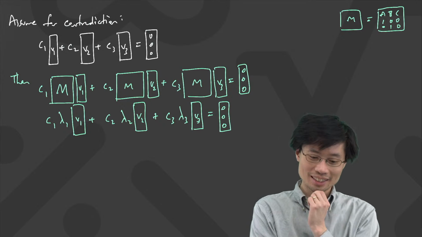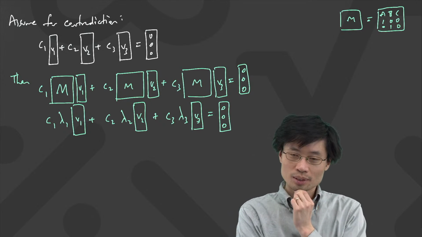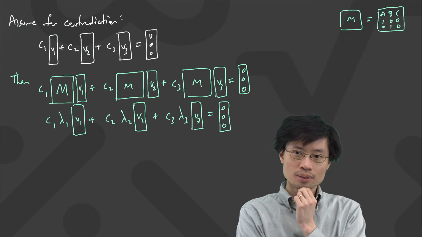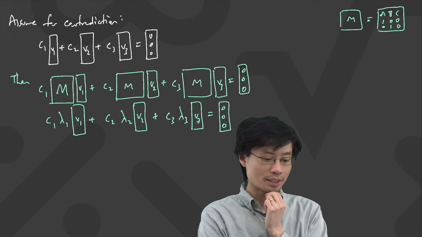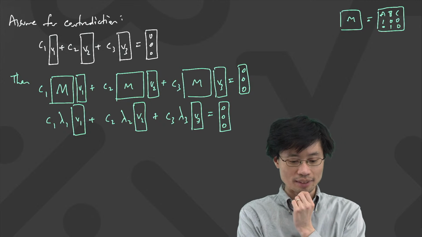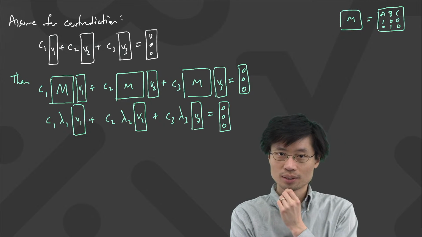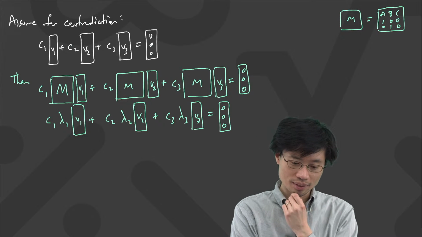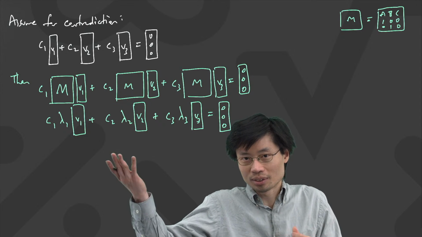Okay, that's neat. What else can I do? I have these lambdas, these V's, these C's. I happen to know that if I took this V1, V2, V3, then this is also true.